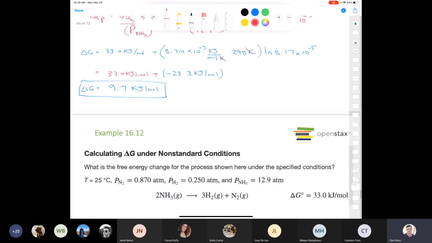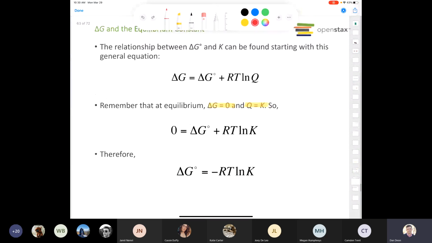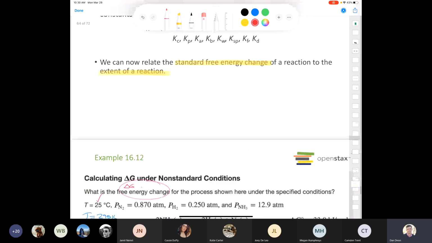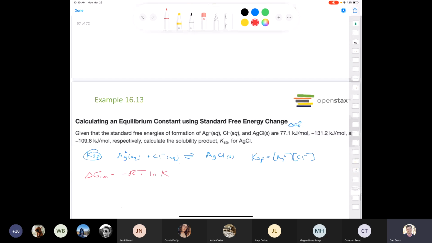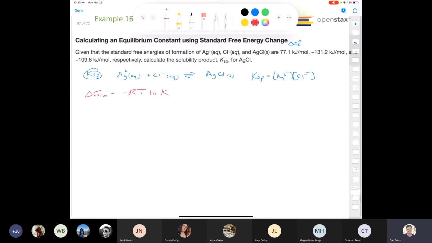I'm getting overly excited, but I like tying things together. If we're at equilibrium, Q is equal to K, and the delta G of the reaction is equal to 0, so we can derive this formula. Now let's figure out what the delta G for the reaction is, and we can solve for K. I think that's probably the most prudent thing to do.